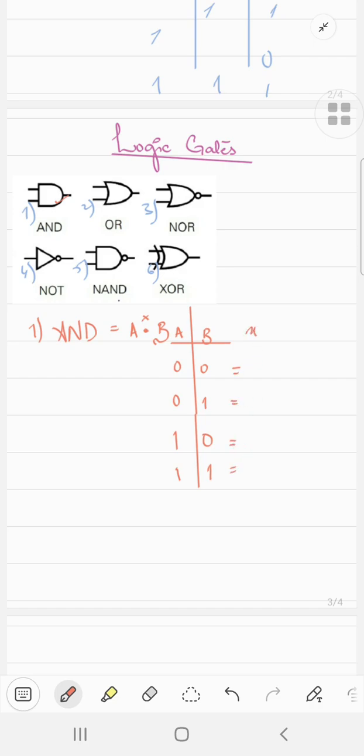So output for it would be 0 multiplied by 0 is 0, 0 multiplied by 1 is 0, 0 multiplied by 1 is 0, 1 multiplied by 1 is 1. So this is basically the output that you will get from it. Okay, I hope that's clear. Let's move on.